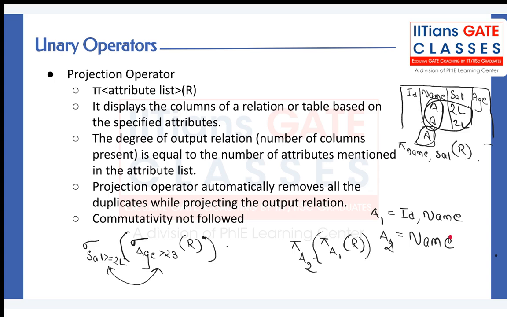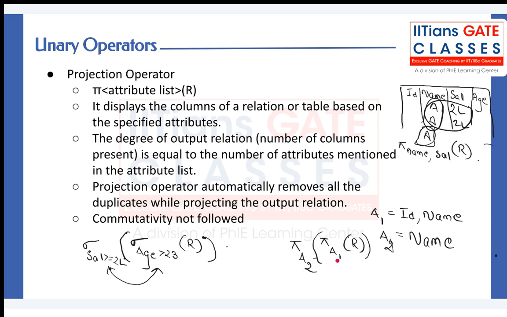ID column will not be displayed. See, in the first one you get ID, name from A1, and then you get the name from that. If you interchange, you first get only the name and then you are expecting to get the ID as well. So ID column will not be displayed. Very good, Vishnu.